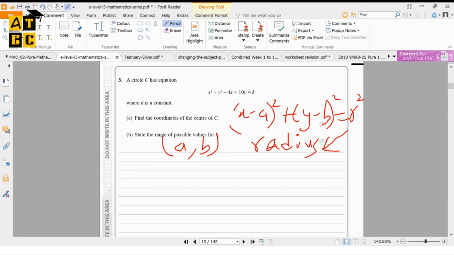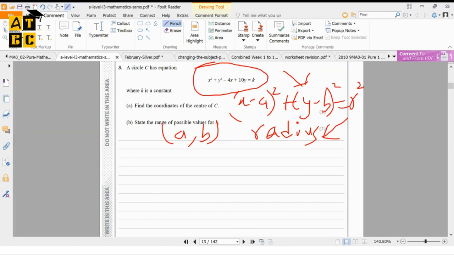So all you need to do is to write this equation in the form of this so that you can easily pick out your center. Now, do not forget how you complete the squares in a quadratic equation. So let's go. This is x squared plus y squared minus 4x plus 10y equals k.